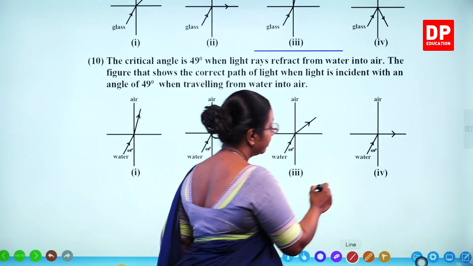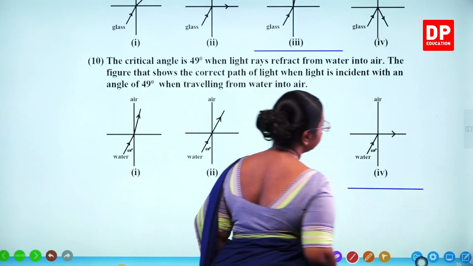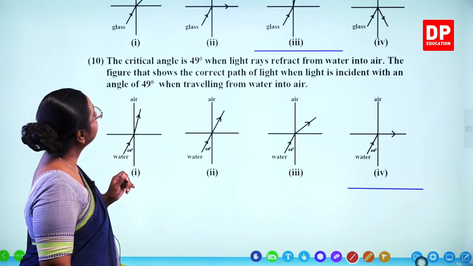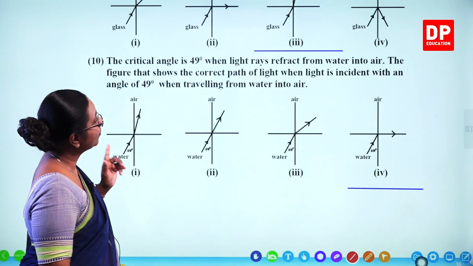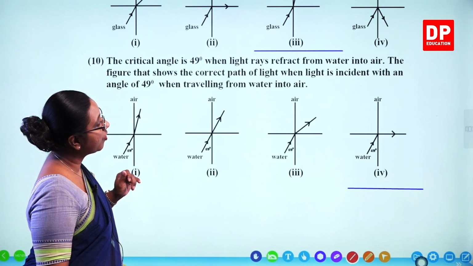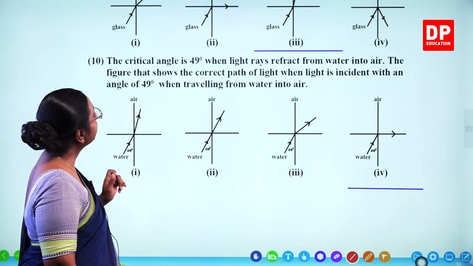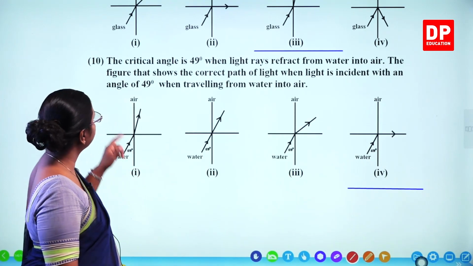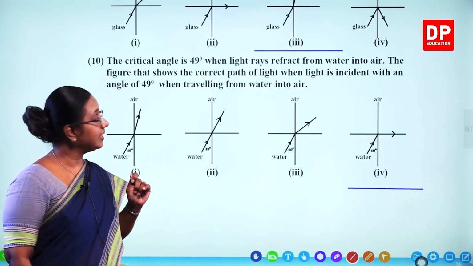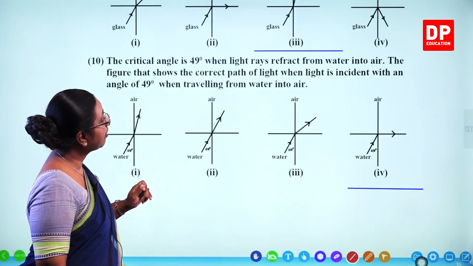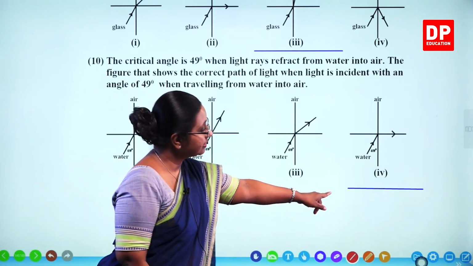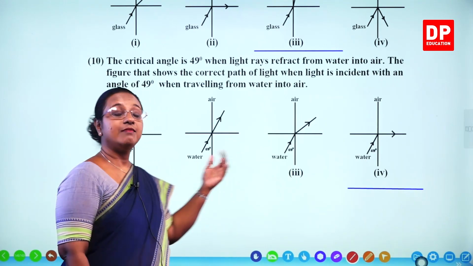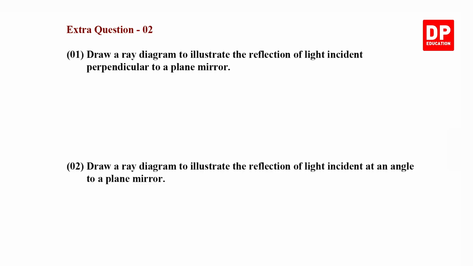That is the correct answer. So, this is the answer. The critical angle is 49 degrees when the light rays refract from water into air. This is the relevant ray diagram. So, with that, I will move on to the next question.